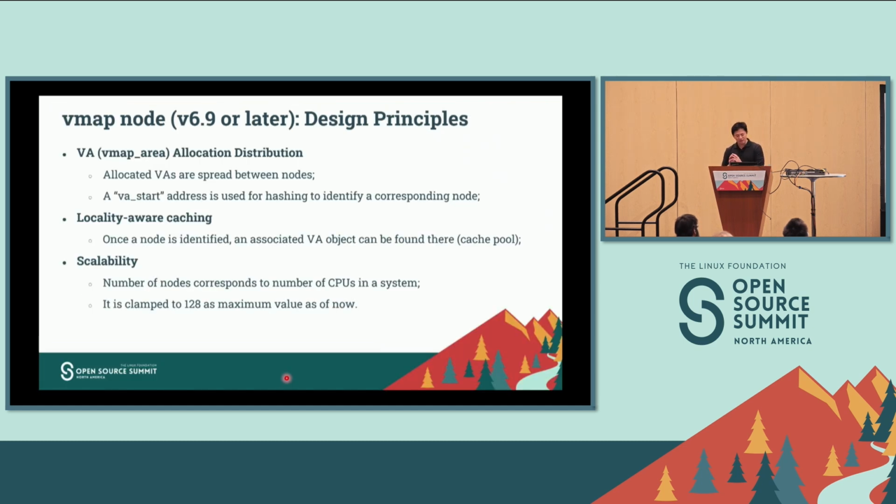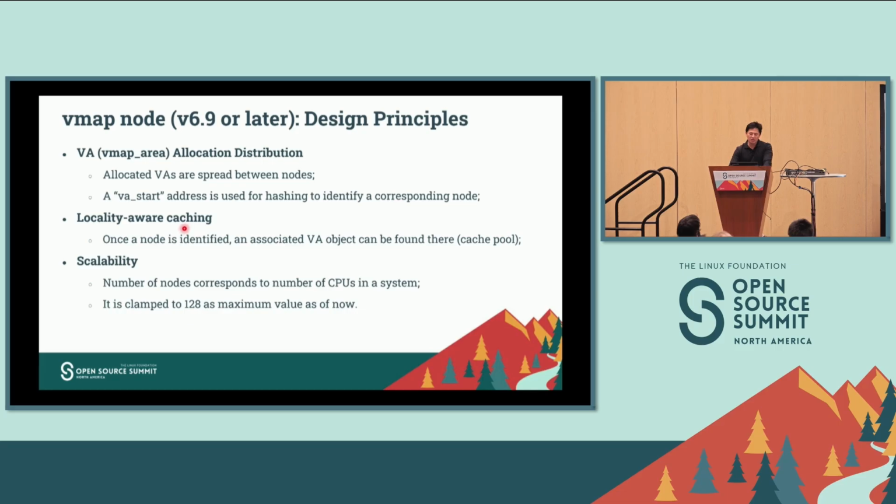So let's get into more detail about the enhancement. There are 3 key design principles: VA allocation distribution, where VA stands for vmap area, locality-aware caching, and scalability. For VA allocation distribution, the allocated VAs are spread across nodes. And you may wonder, how do we find the corresponding node? The answer is that a hash function on the starting address of the VA object is used to identify the corresponding node.